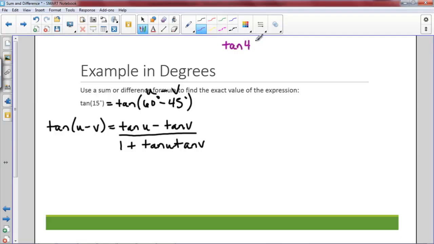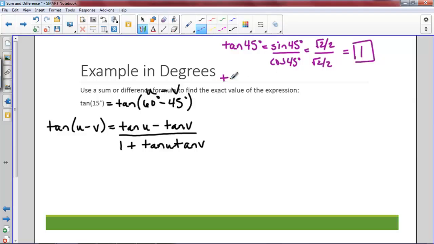So I need to know the tangent of 45 degrees. Well, the tangent of 45 degrees is like saying the sine of 45 degrees over the cosine of 45 degrees, which is going to give me root 2 over 2 divided by root 2 over 2. And simplifying this, it's going to give me 1. So now I know that the tangent of 45 degrees is 1.